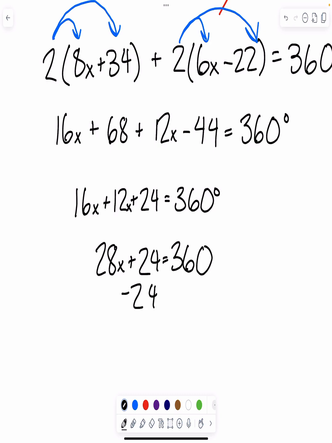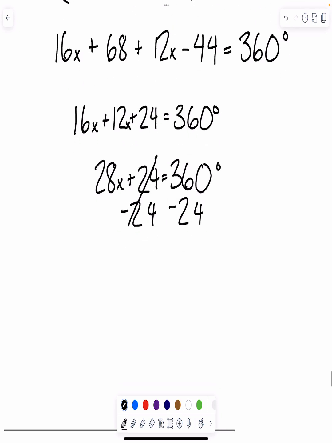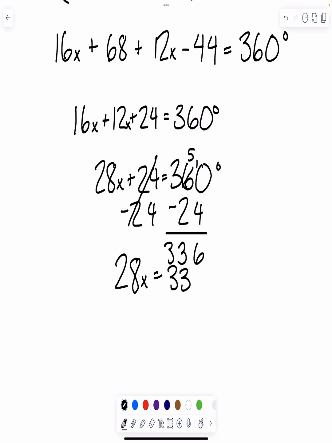I'm going to subtract 24 from both sides. That cancels, and now I have 28x equals 336.